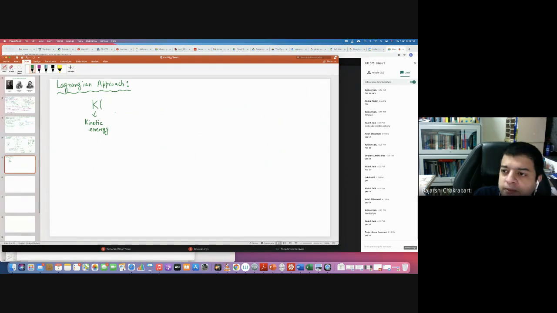It is a function of only velocity. To make your life easy, take a single particle in 3D, so you have x, y, z. It is a function of x dot, y dot, z dot. These are velocities.